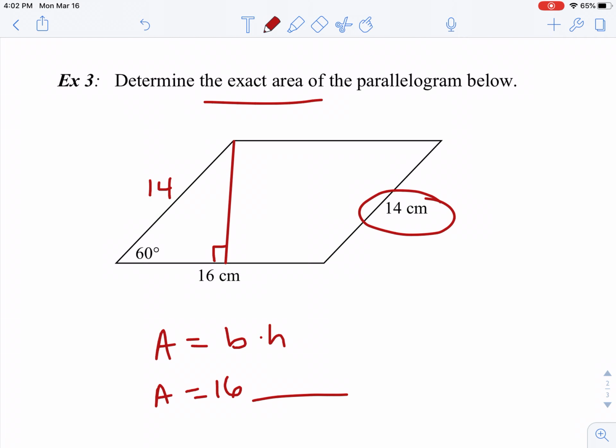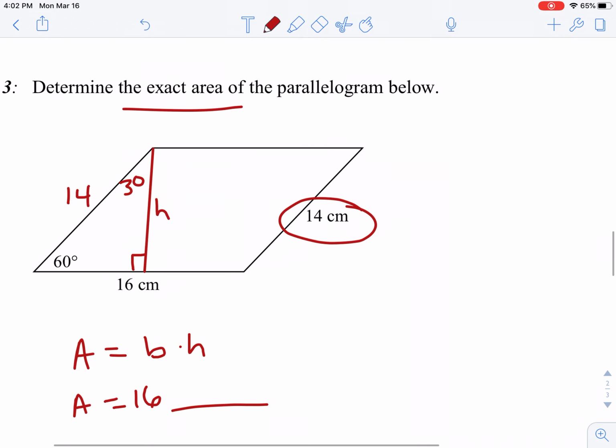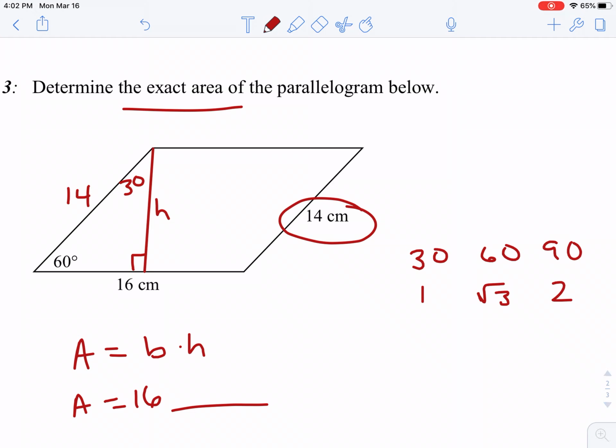And now I do have a triangle here, and it is a 30, 60, 90 triangle, and I really want to know this height. So I'm going to go ahead and just set this up. 30, 60, 90, 1, root 3, 2. Across from 60 is my height, and across from 90 is my hypotenuse.